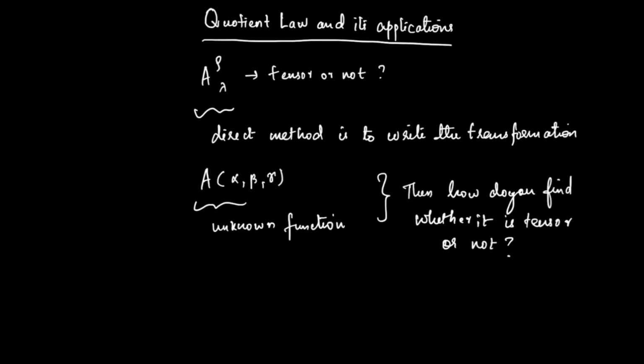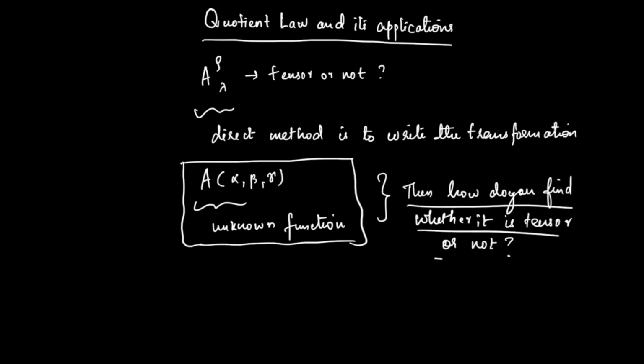I don't know whether alpha is covariant or contravariant. I don't know anything. So this is an unknown function. Then how do you find whether it is a tensor or not? That is a question. So the quotient law provides a simple alternative to this issue.